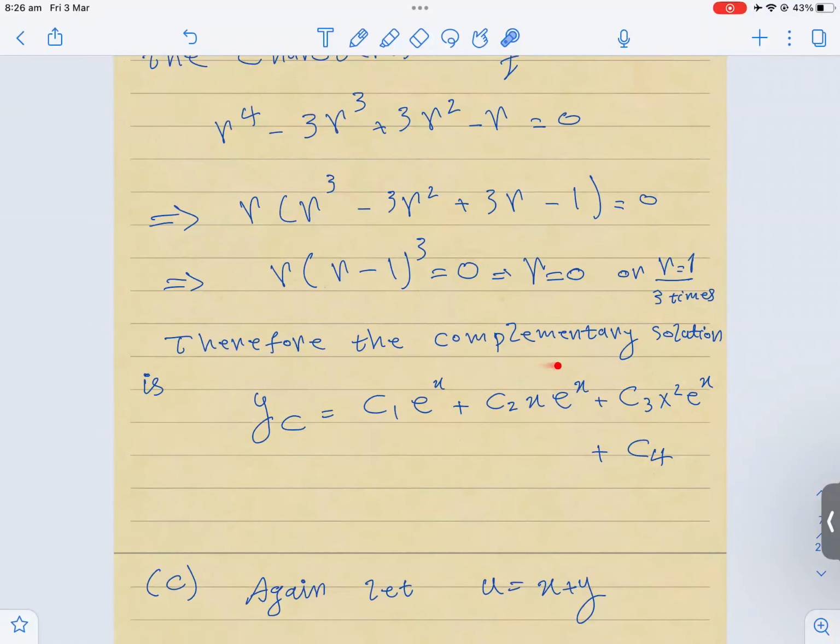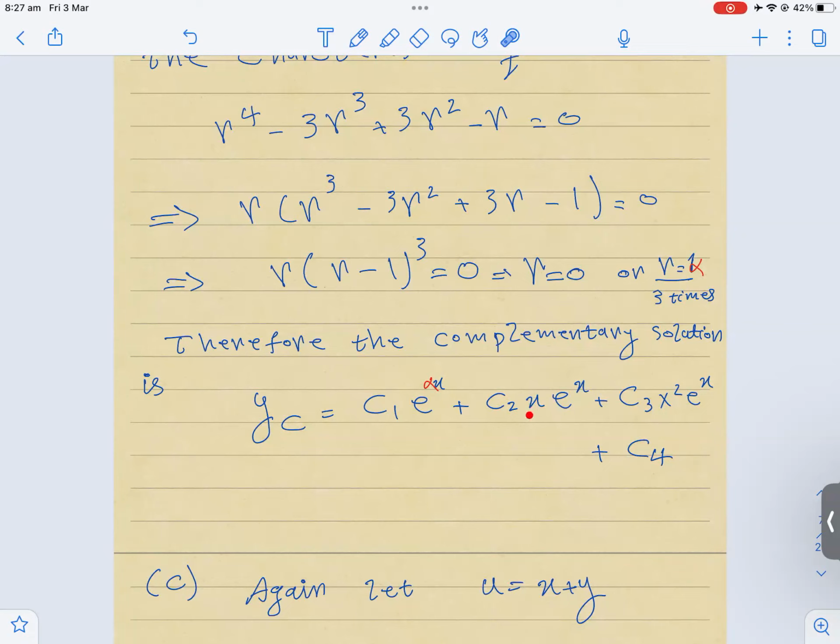So the complementary solution, which is all solutions of the ODE, is y sub c equal to c1 e to the x plus c2 x e to the x plus c3 x squared e to the x. So r equal 1 is coming from this side. So if this was alpha, this would be alpha. Since it's been repeated, that's why I multiply by a polynomial, the simplest one being just x.